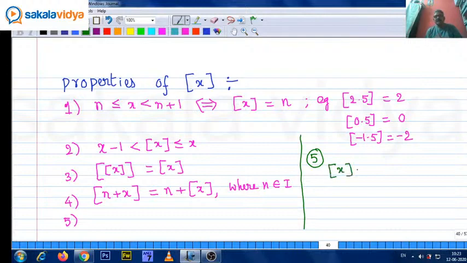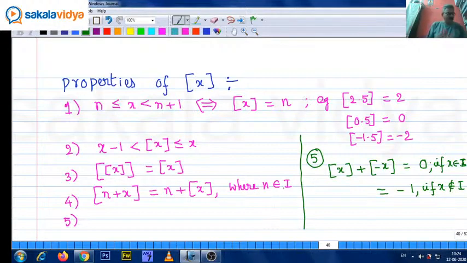The integral part of x plus the integral part of minus x equals 0 if x belongs to integers, and equals minus 1 if x is not an integer, x does not belong to I. For minus 1.5, the integral part must be less than minus 1.5, so minus 2 is less than minus 1.5.